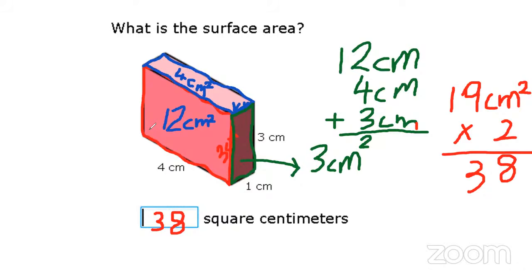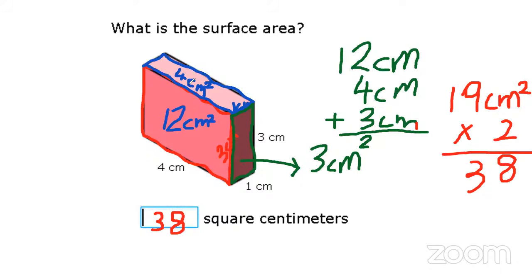Now, because it's a cuboid, we don't need to find for all 6, because for this face here at the front, it means that we have 2 of this, because this one at the back that we can't see, opposite this one, is the same. So we know that we have 12 plus 12 square centimeters, which will cover these 2 faces.